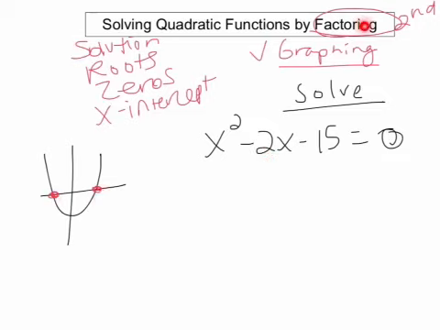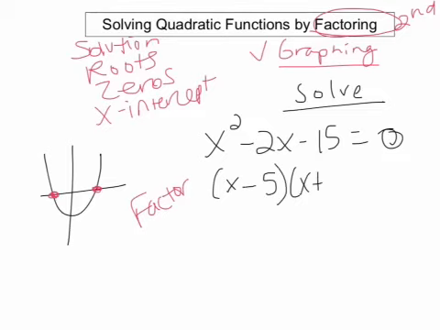Or now, like I said, we can do it by factoring. And so the way you do that is just like it says, you want to factor. So if I factor this right here like we did in the last slide, and I get (x minus 5)(x plus 3) equals 0. So from here, we still need to find the x's. And so that's what I'm going to show you on this next slide.